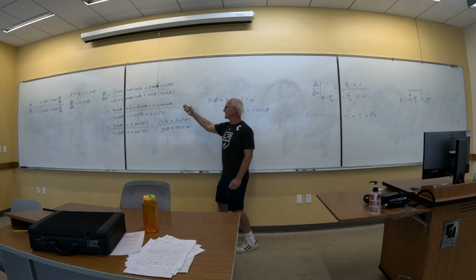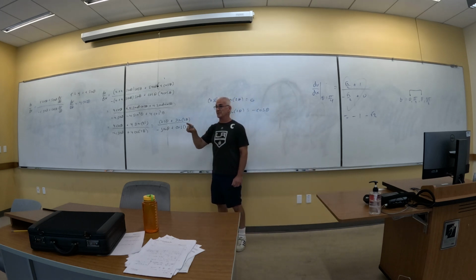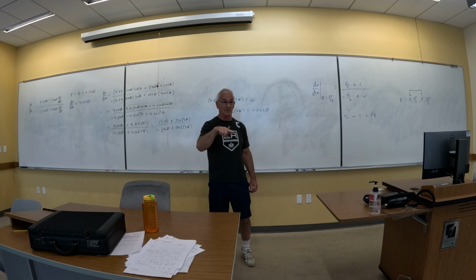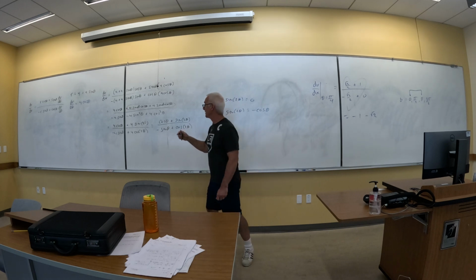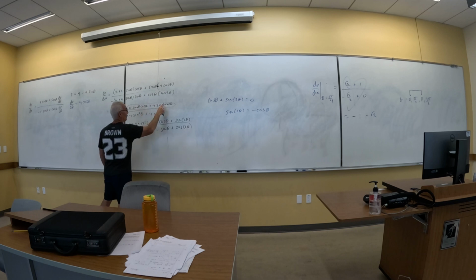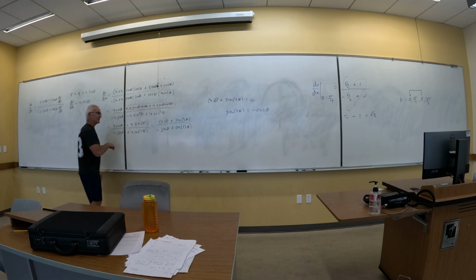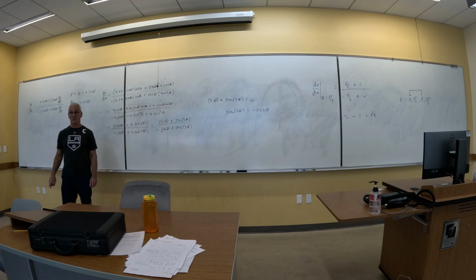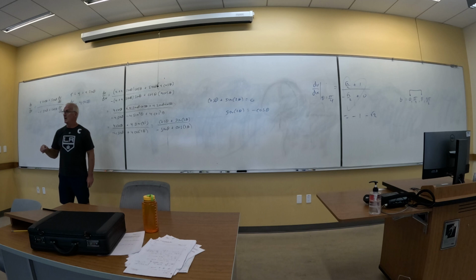I simplified from here to here for the purposes of evaluating this at different angles. Because had I not simplified, you quite literally would have to plug theta in 1, 2, 3, 4, 5, 6, 7, 8 places. That's not incorrect, but man, that's time consuming. So by simplifying it, we made it a lot smaller problem.